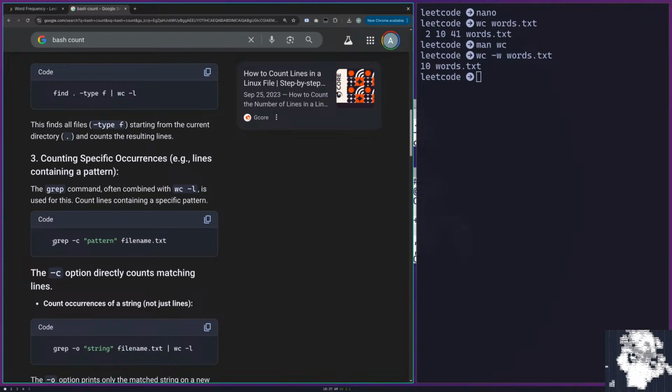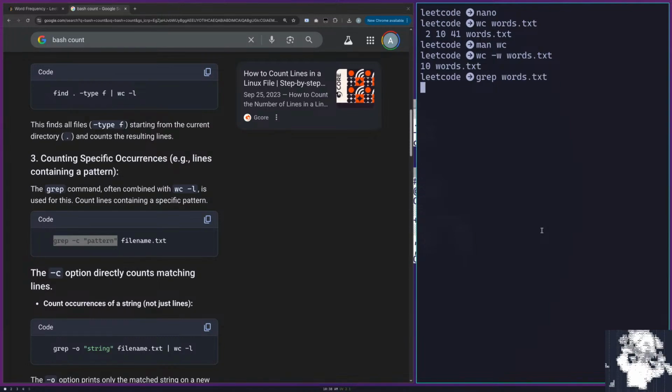I don't know if grep is gonna work, because I could say the pattern is any word, but I don't think it's gonna tell me if I say grep words. Well, first of all, it waits for me to say what the pattern is, right? So if I say the pattern is the, it just returned the lines that had the word the in them.